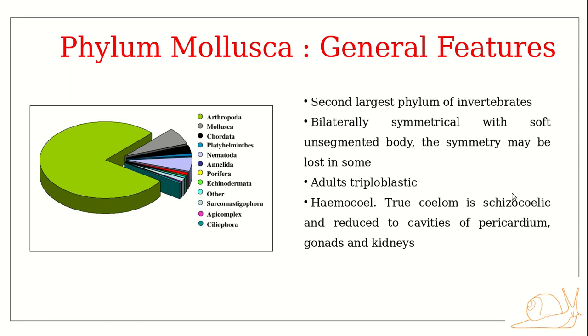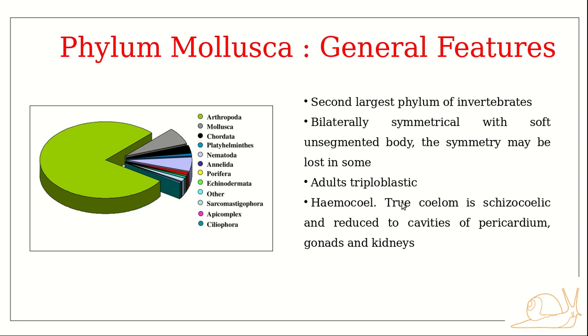They are eucoelomate animals, and usually most of the members are provided with a shell. Most of them are bilaterally symmetrical, but some may have lost this symmetry, especially the gastropod groups.